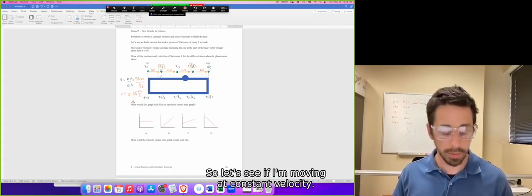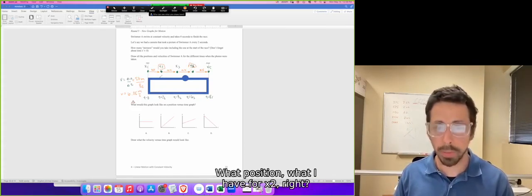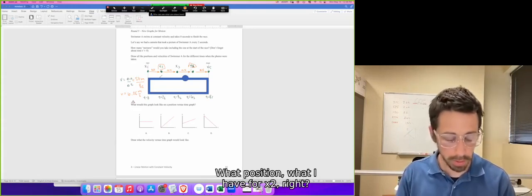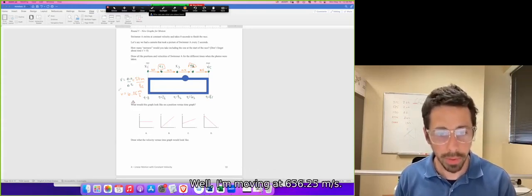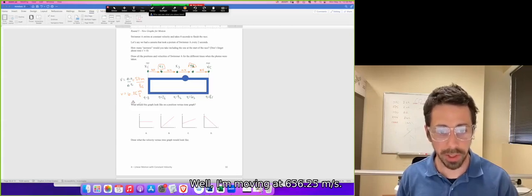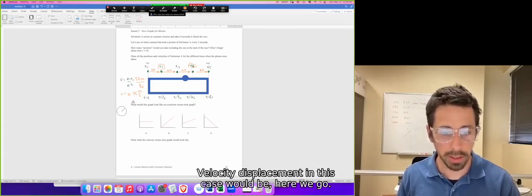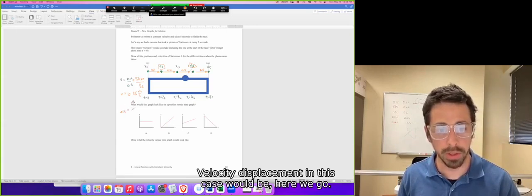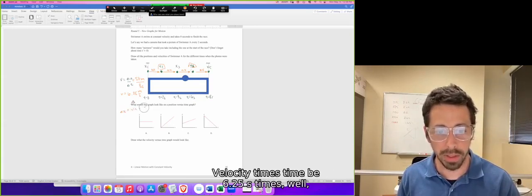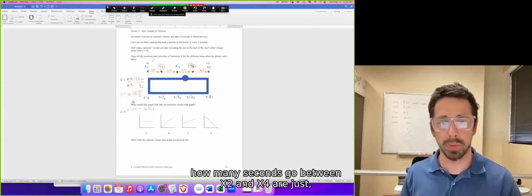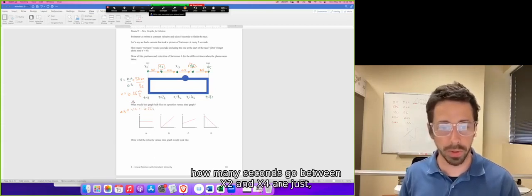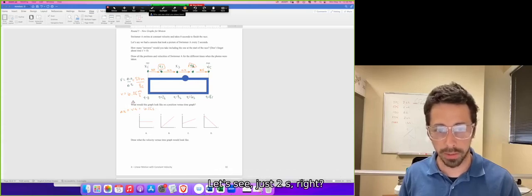So let's see, if I'm moving at constant velocity, what position would I have for x2, right? Well, I'm moving at 6.25 meters per second velocity. So my displacement in this case would be velocity times time. How many seconds go between x1 and x2?